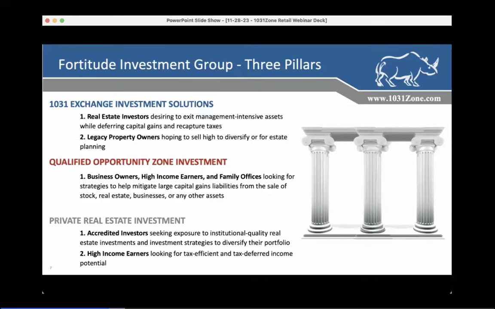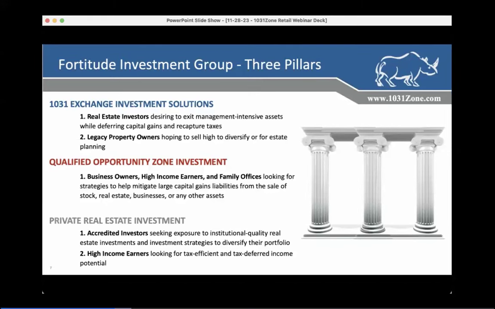Qualified opportunity zones came out under the 2017 Tax Cuts and Jobs Act, and it is a way for investors to take gains from any sale, real estate, businesses, stocks, coin collections, anything, any capital gain, and invest into qualified opportunity zone funds and receive potential tax deferral benefits.